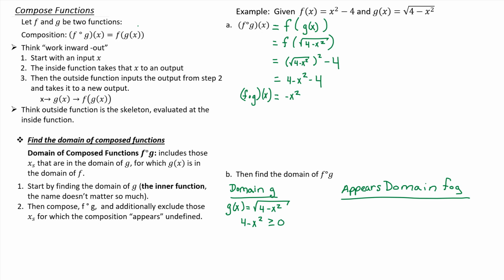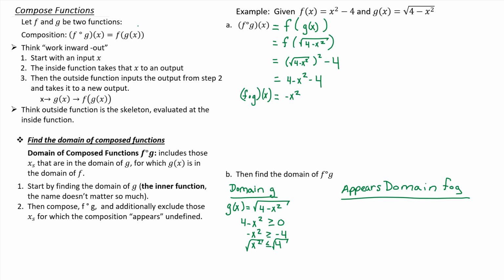I'm going to subtract 4 from both sides so I can solve for x. I'm going to divide by -1 on both sides, which is going to cause my symbol to flip because I'm dividing by a negative. And then I'm going to take the square root of both sides.